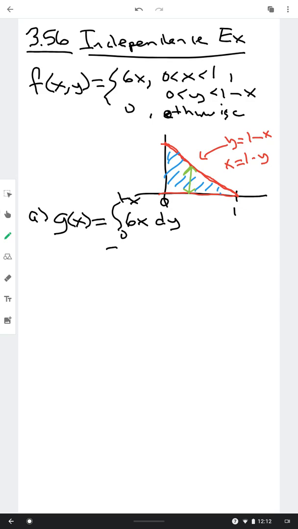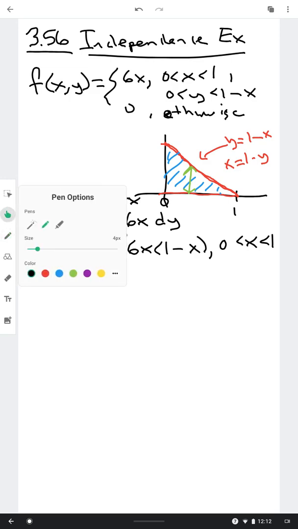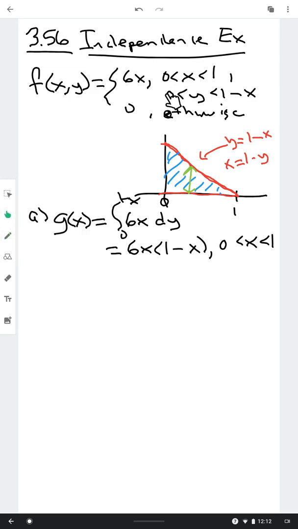And when I do that, the answer that I obtain is 6x times 1 minus x. So when you look at this, my range for y was from 0 to 1 minus x, because y depends on x.